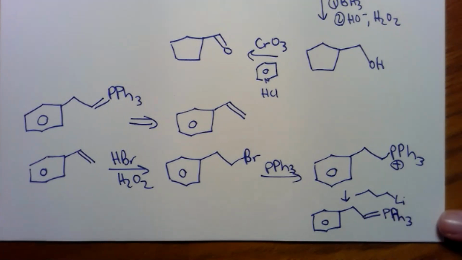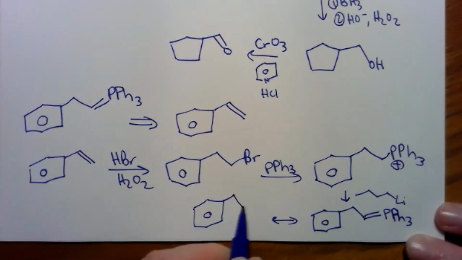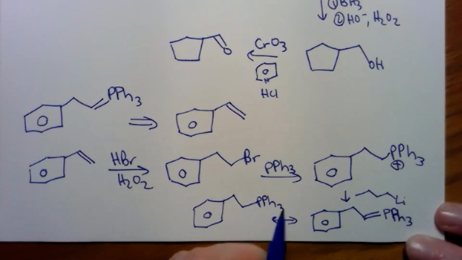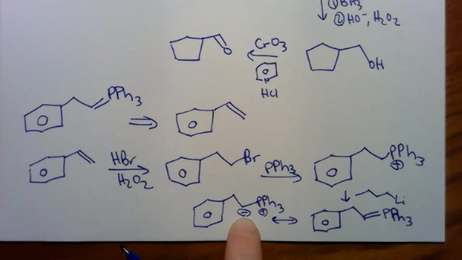And the resonance form of the C minus right here is this double bonded ylide. Maybe I should draw the resonance form because I feel like y'all would want me to. Butyl lithium takes a hydrogen from that carbon there. We're going to call it the alpha carbon because it relates to what we're doing next.